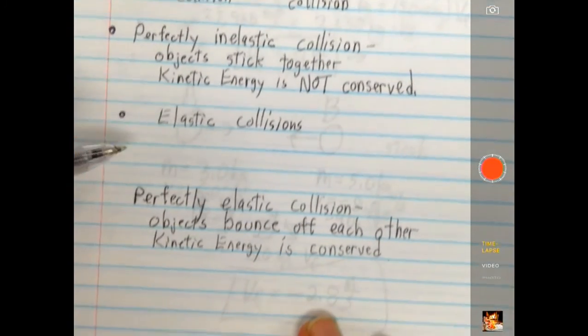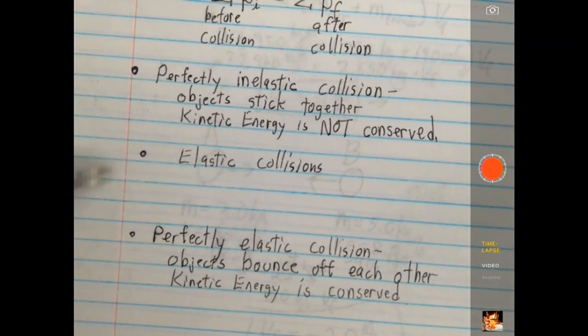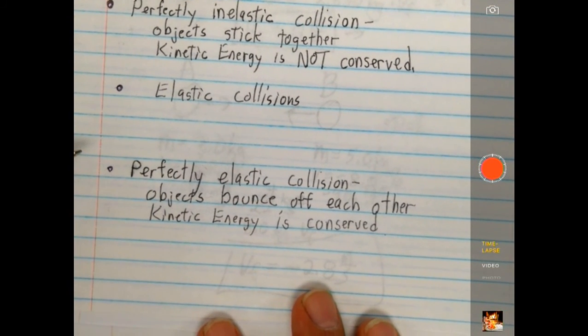The third type of collision, and we're only going to be dealing with these first and last ones, I think, this year, is called a perfectly elastic collision. That's where the objects bounce off of each other perfectly. Kinetic energy is conserved. I'm going to pause while you write it down.